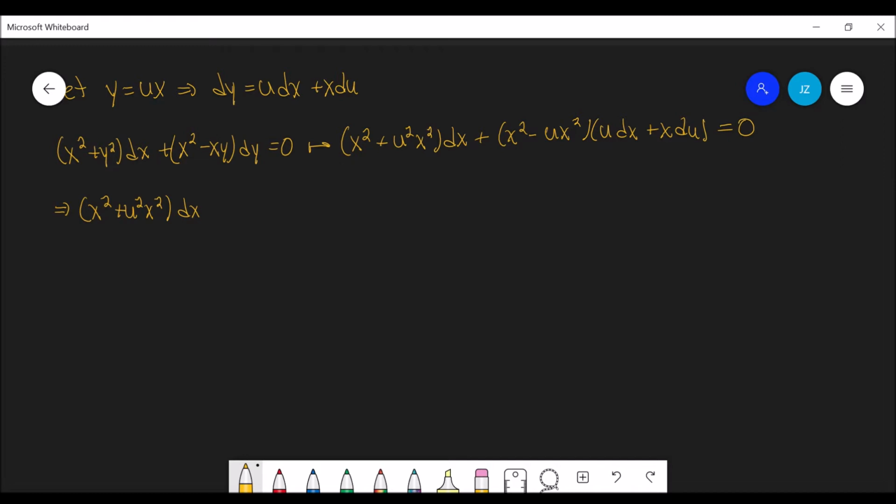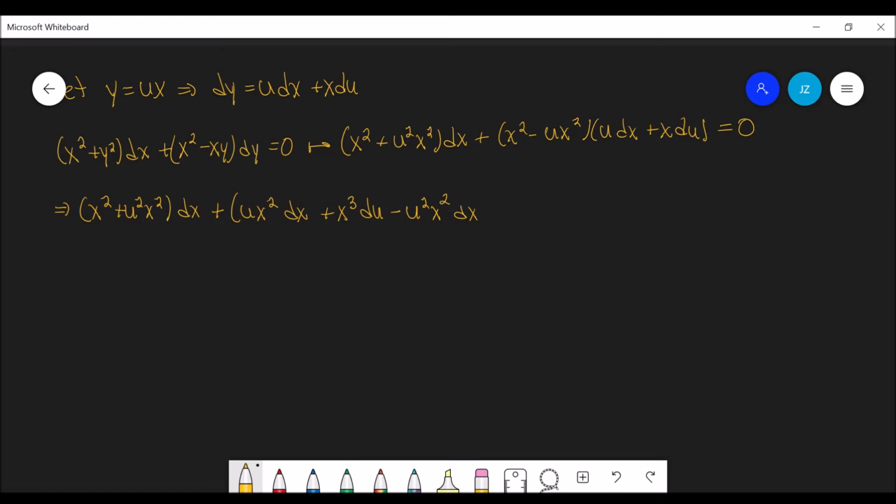So we're going to get u x squared dx plus x cubed du minus u squared x cubed du... I apologize, I don't know where I got that x to the 4th from.